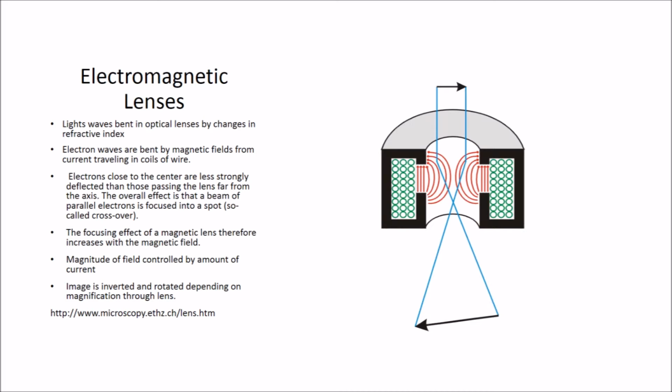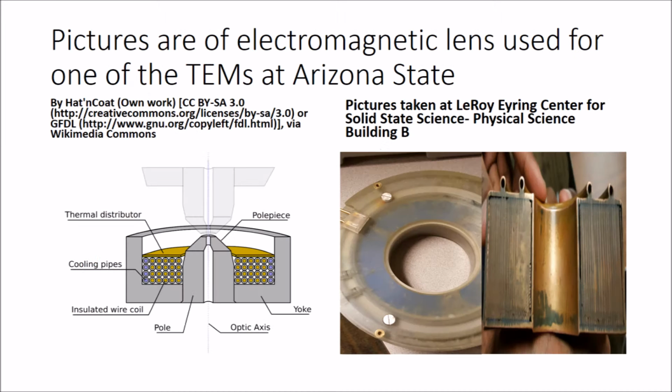The image comes out of the other side of the electromagnetic lens inverted and rotated depending on the magnification through the lens. The image on the left shows a cross-section of what an electromagnetic lens looks like that is used in the TEM. You can see in the center the pole, which is surrounded by the wire coil, and this is what generates the electromagnetic field.